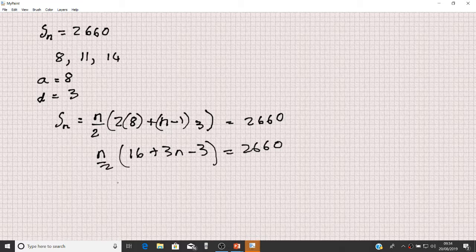And so we have n over 2 times 13 plus 3n equals 2,660. Now let's see if we can solve this one.